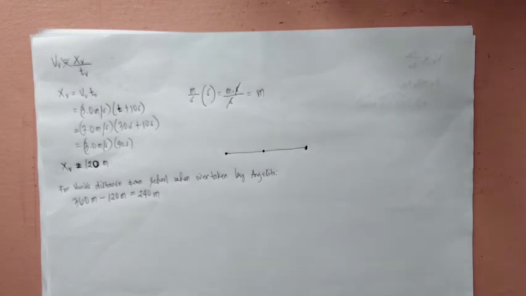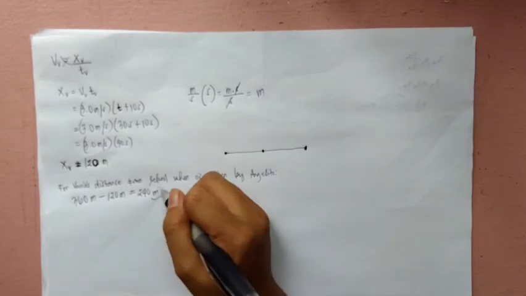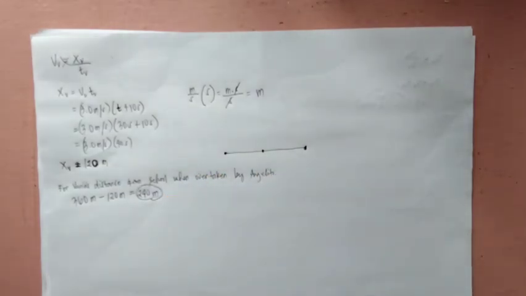Therefore, Vanya is 240 meters away from school when overtaken by Angelito.